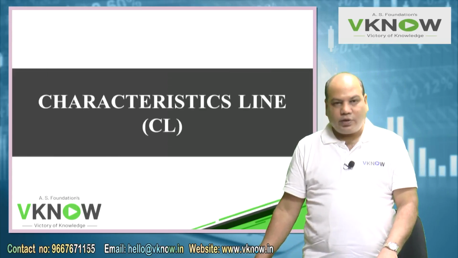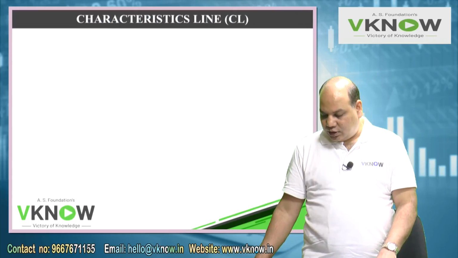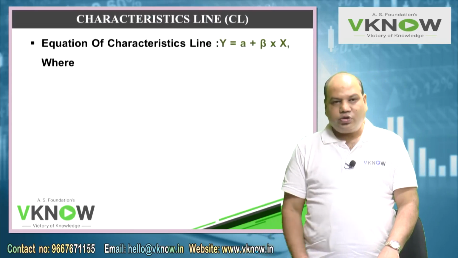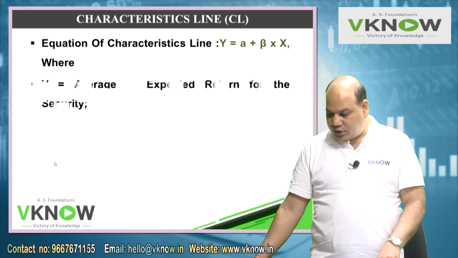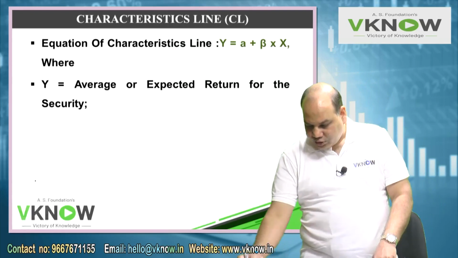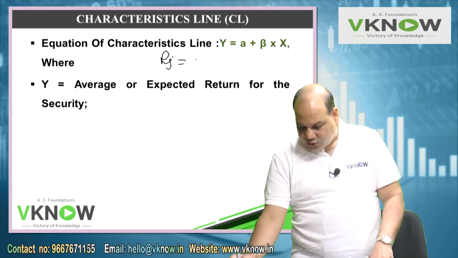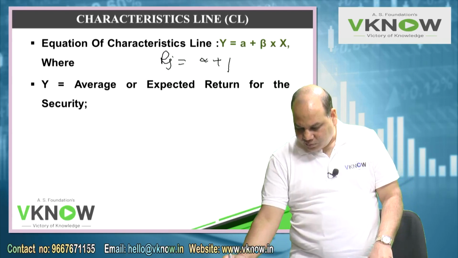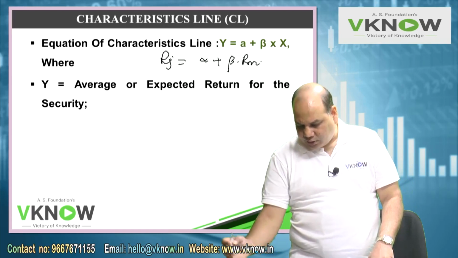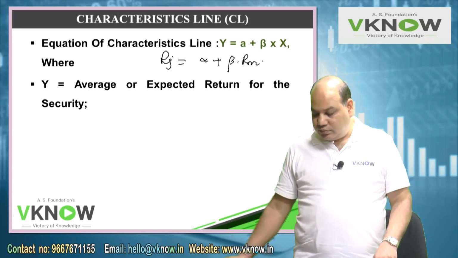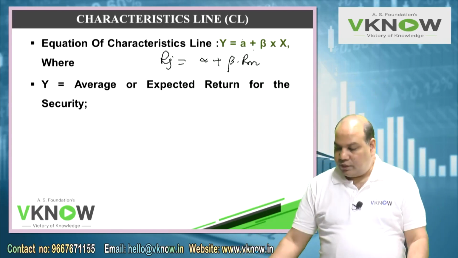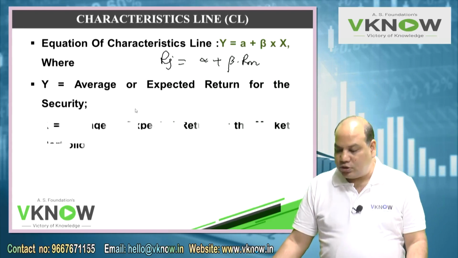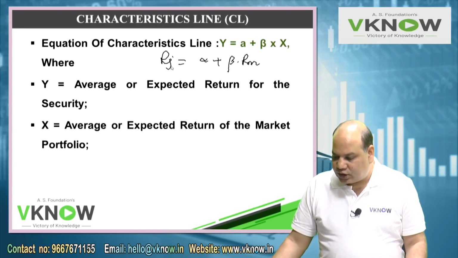Next is the formula of characteristic line, called CL in short. Equation of the characteristic line is y is equal to a plus b into x, or you can write return on the stock Rj equal to alpha plus beta into Rm. Y stands for average or expected return for the security, this is Rj.